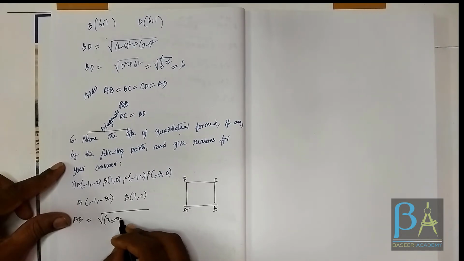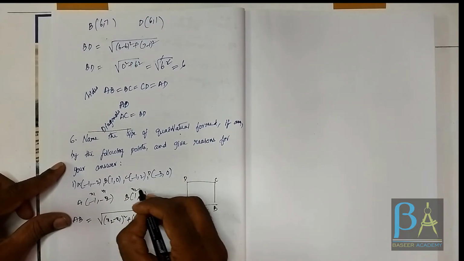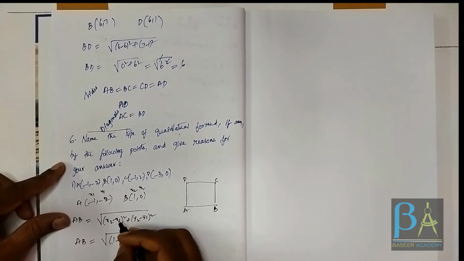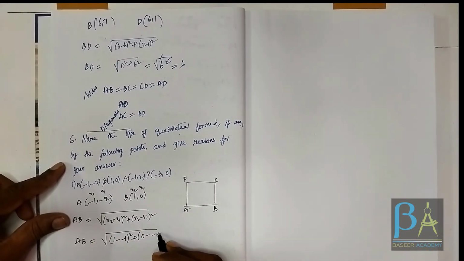This is x1 y1 and this is x2 y2. So AB is going to be square root of, in place of x2 I'm going to write 1, in place of x1 I'm going to write minus 1, in place of y2 I'm going to write 0, in place of y1 I'm going to write minus 2.